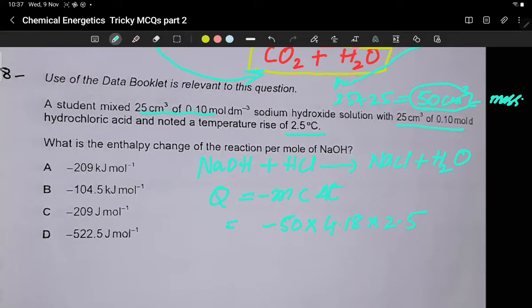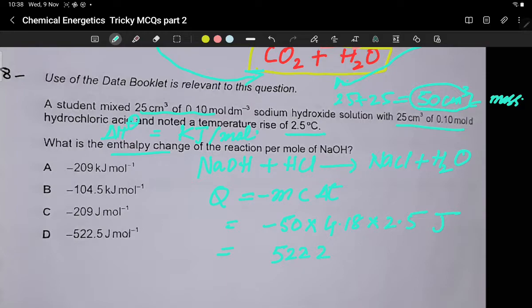So the answer is 522.2. Now the unit of Q is joule, and the unit of enthalpy change delta H is kilojoule per mole.